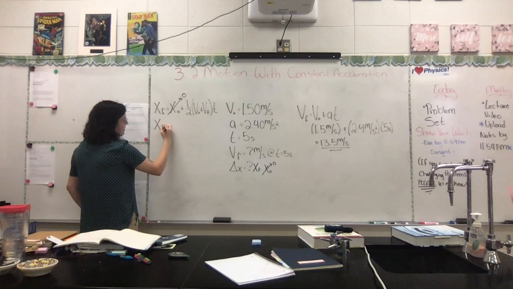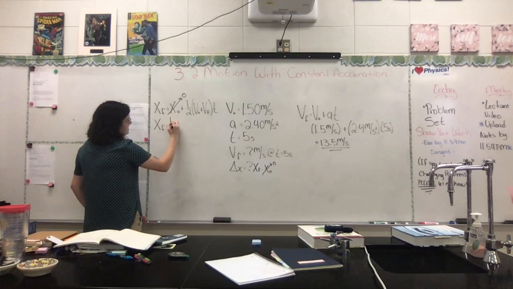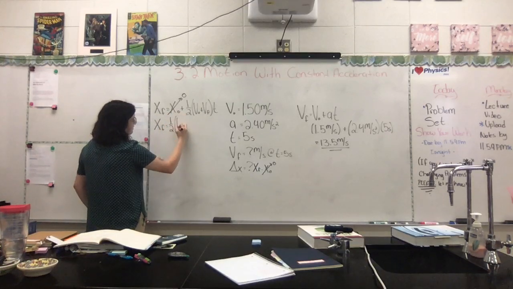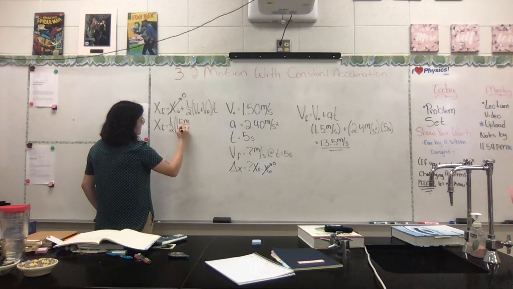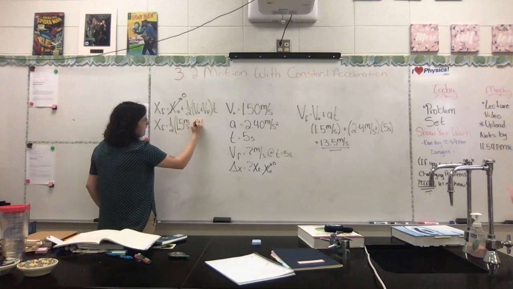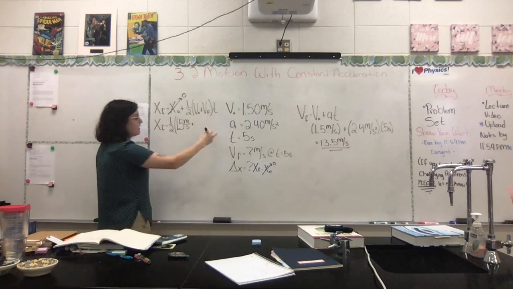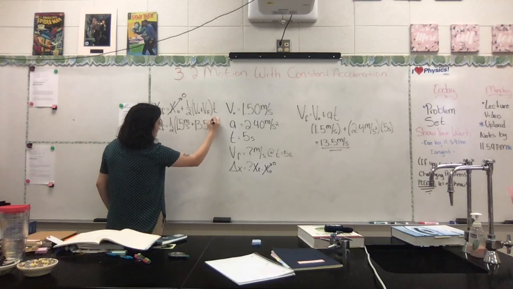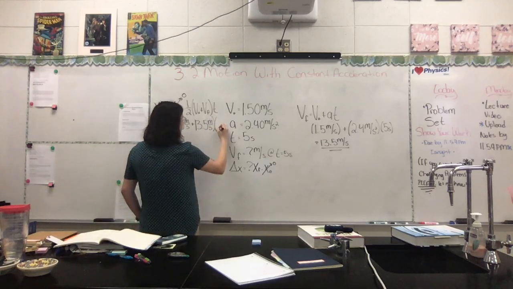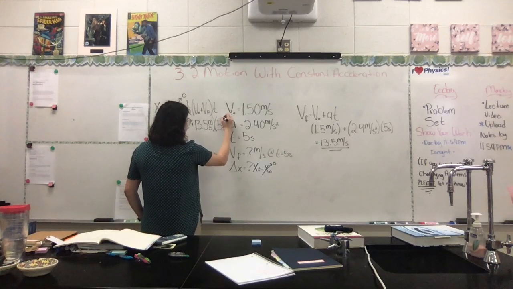So we're going to have that our final position is equal to 1/2 times 1.5 meters per second plus that 13.5 meters per second we just found, times 5 seconds.